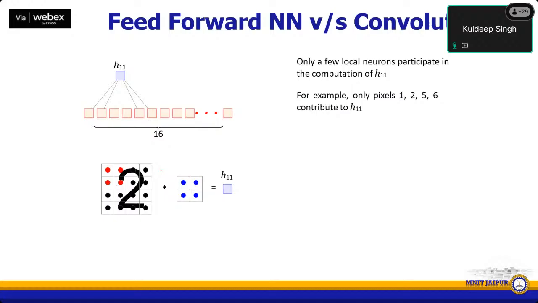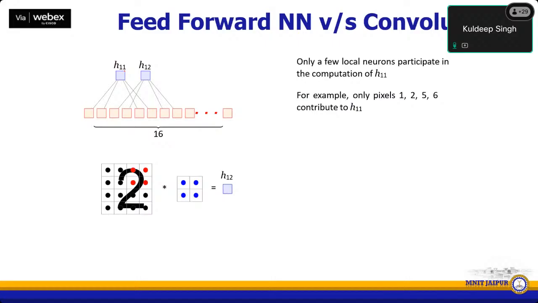So only pixel numbers 1, 2, 5, and 6 are contributing to the computation of H11. Then for H12, pixel numbers 3, 4, 7, and 8 are contributing to the computation of H12. So firstly, we have very few local neurons that participate in the computation of these Hs.